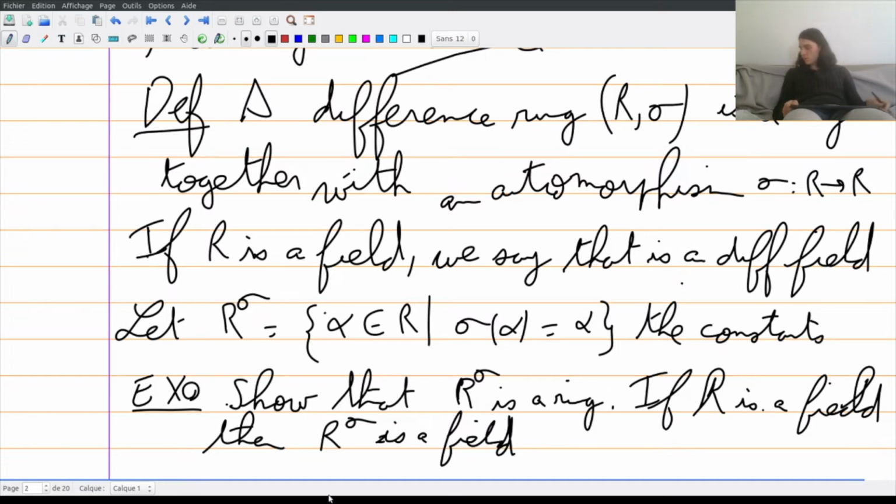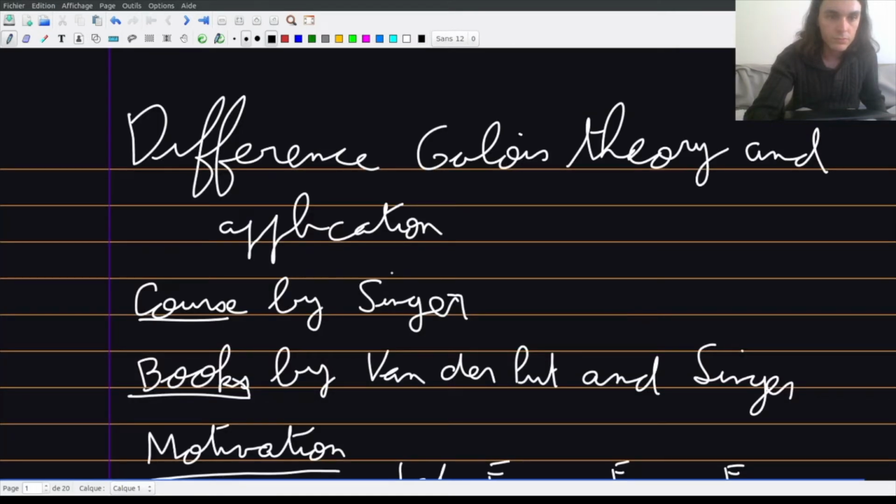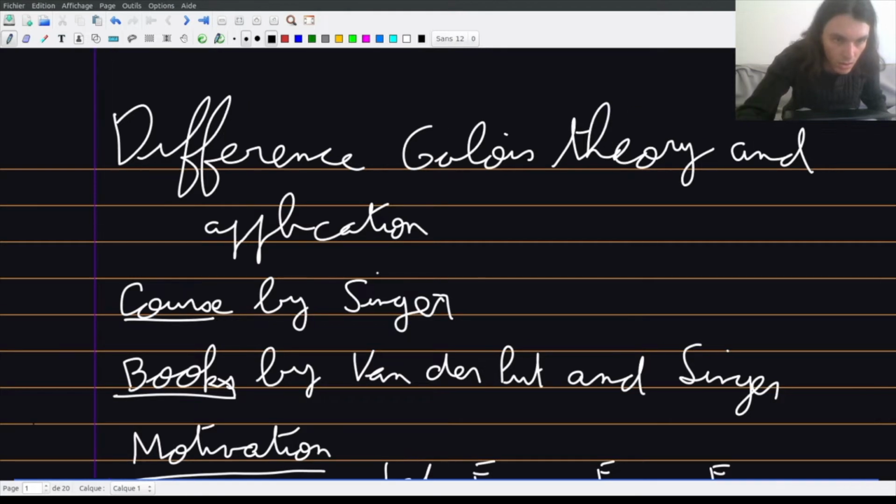So most of the time it will be a field of constants. So most of the time we will say field of constants.